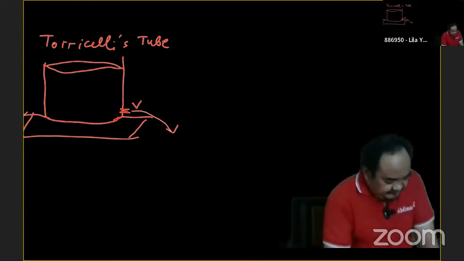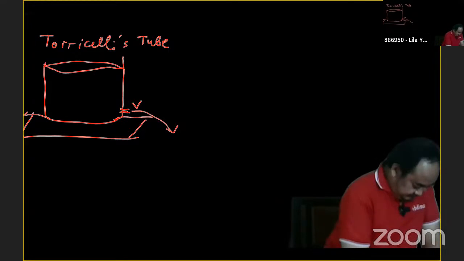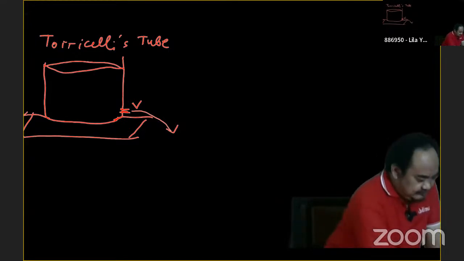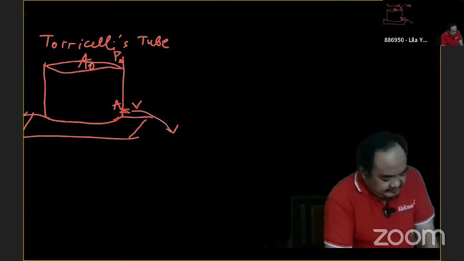And we can approach by using the area between the larger area on the top. For example, this one is A naught because the pressure here is P naught, and then this one is A. The small hole has the section area of A.